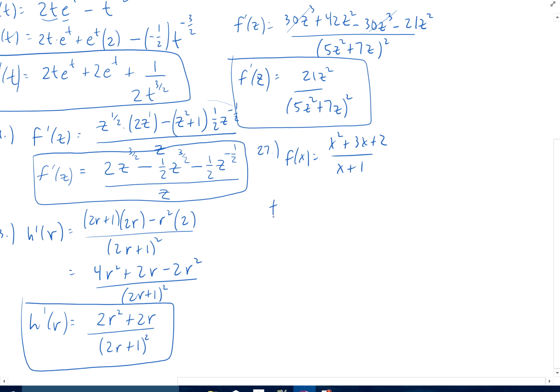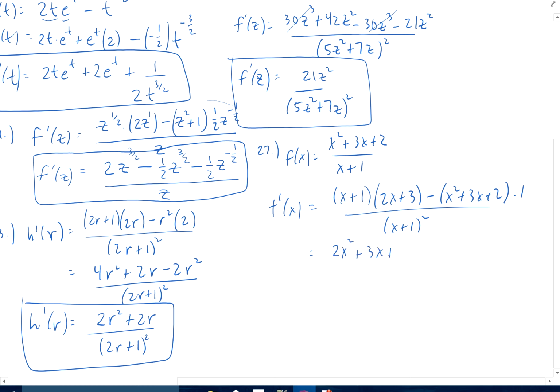Okay, f prime, again it's the quotient rule, is the bottom times the derivative of the top minus the top times the derivative of the bottom all over the bottom squared, and multiply this out, we get 2x squared plus 3x plus 2x plus 3 minus x squared minus 3x minus 2, all over x plus 1 squared, which gives us an x squared, 5 minus 3 is 2x, 3 minus 2 is 1, all over x plus 1 squared.